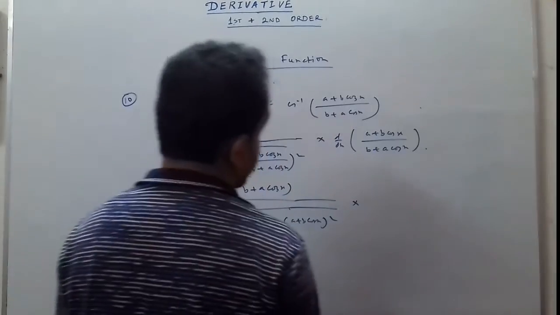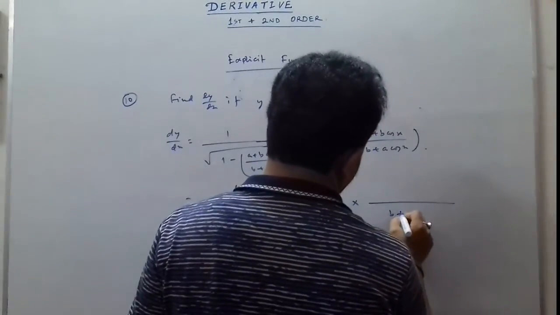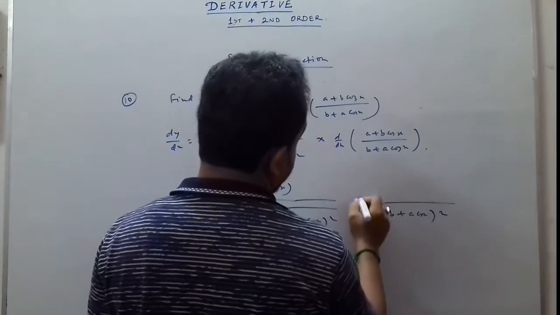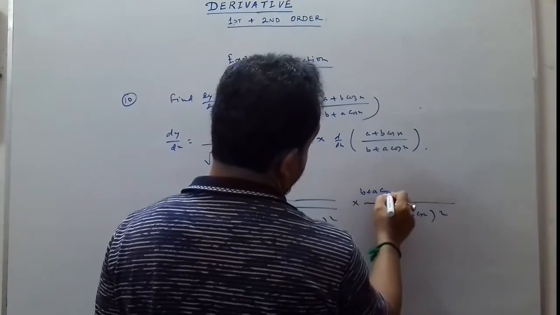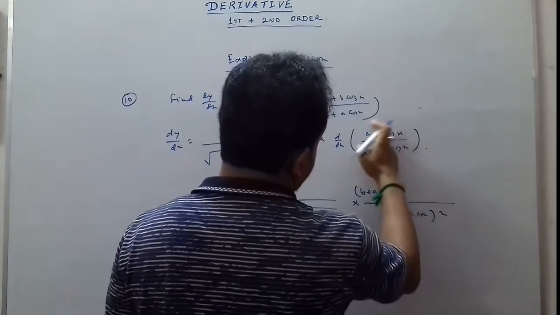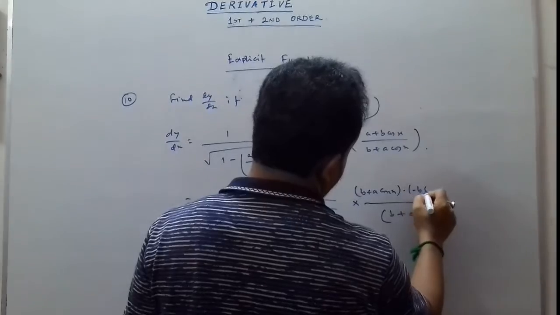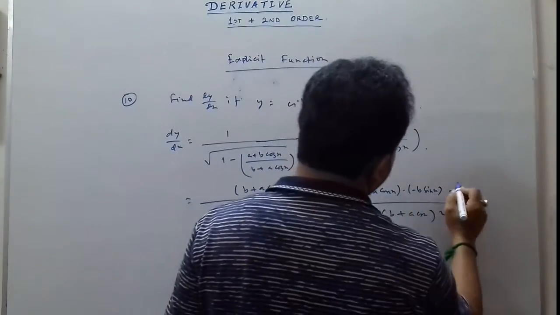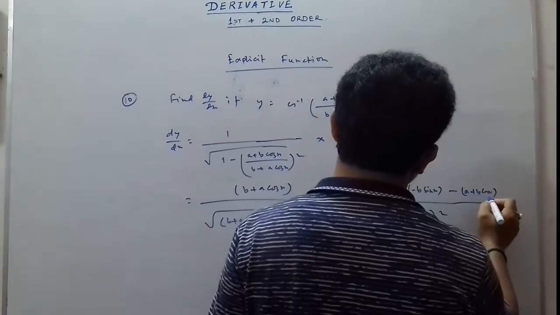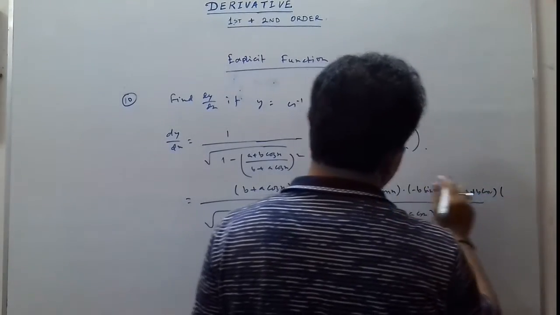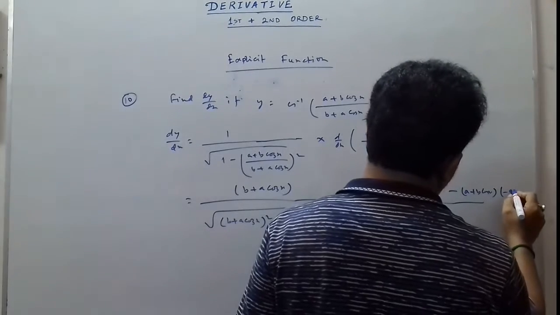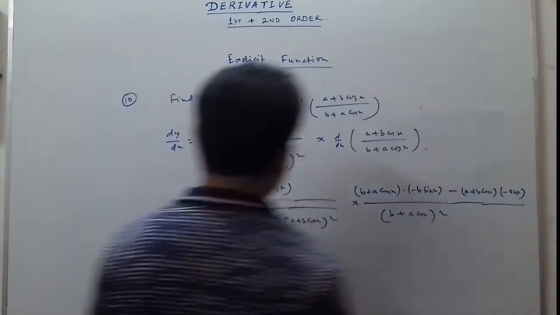Multiplying this by (b plus a cos x) whole square, applying the quotient rule, we get (b plus a cos x) into derivative of this, which is equal to minus b sin x, minus (a plus b cos x) into derivative of (b plus a cos x), which is equal to minus a sin x.